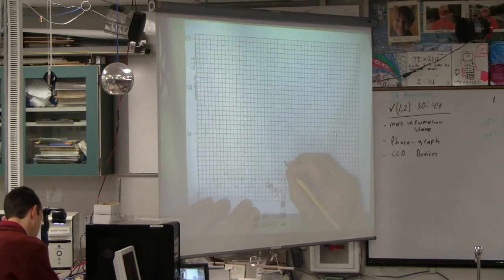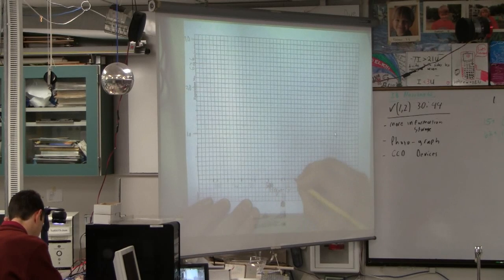There's a dot. 690 is, well, there's 500, 600, 700. 690 is like here. And that's 0.7, 1, 2, 3, 4, 5, 6, 7. 740, well, there's 725, there's 750, 740 is like solidly there.